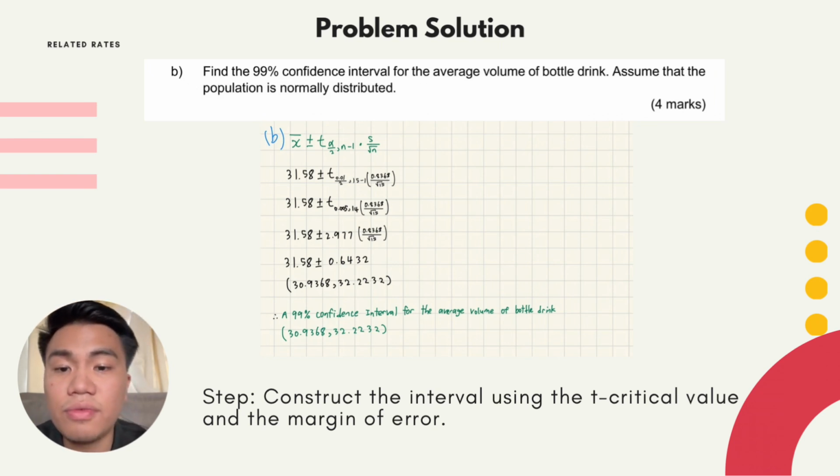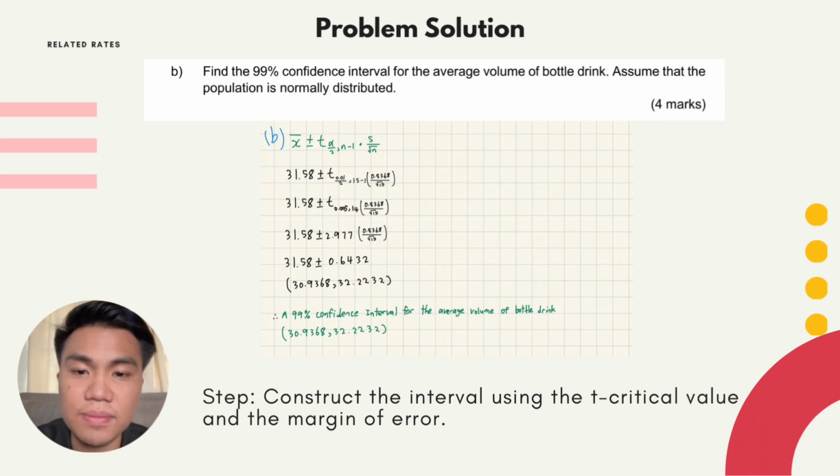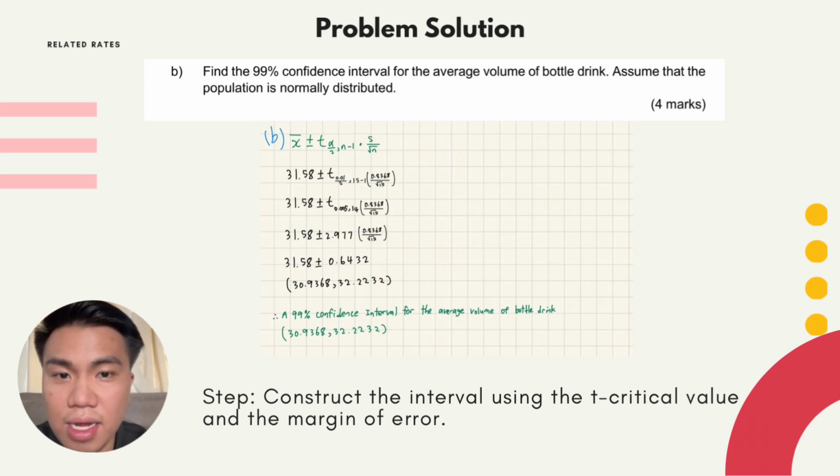The degrees of freedom are 15 minus 1 or 14. I plug in S as 0.8368 and N as 15. Then I look up the T critical value from the table, T 0.005, 14, and found it to be 2.977.